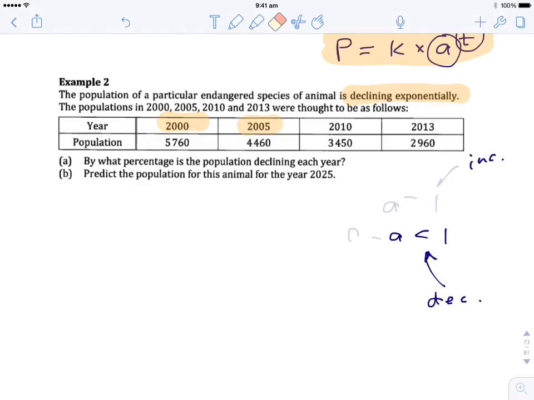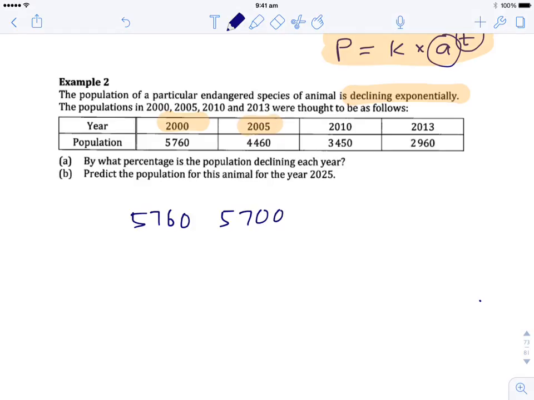So let's do this. Remember, if we were just going from year to year, what I did is I just compared the ratio of the two. So let's say if we had 5,760 was the first year, and the next year was 5,700, and the next year was 5,620, etc. If we went from year to year, what I did is I just divided the second term by the first term, got an answer for that.